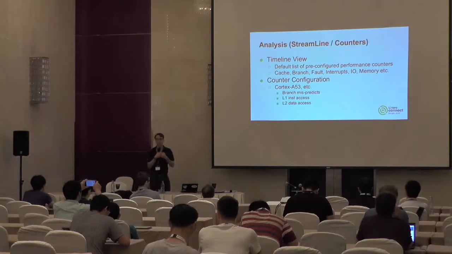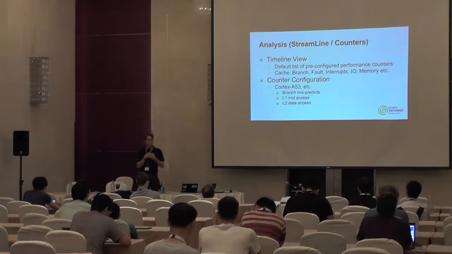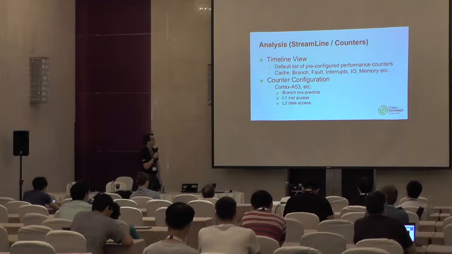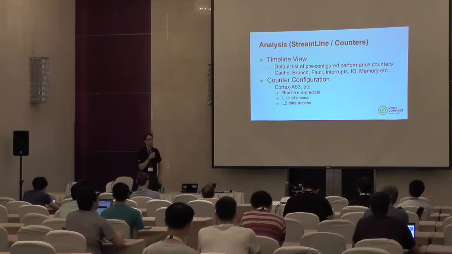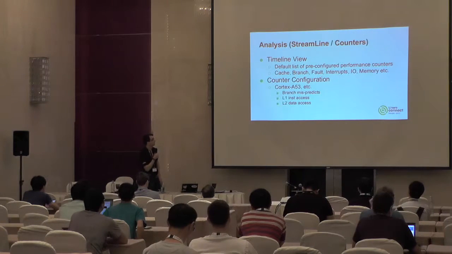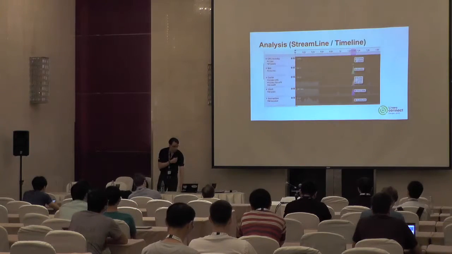There are processor-specific counters available. For example, you might pick Cortex A53, 57, and look specifically for L1, L2 cache access and so on. So it can be really very fine-grained. There's as much information there as you could need if you spend the time with the tool.